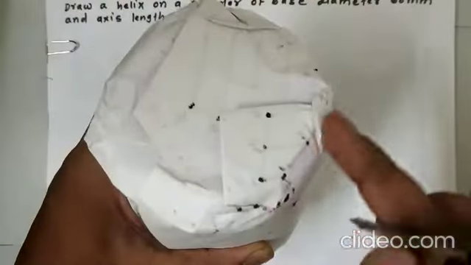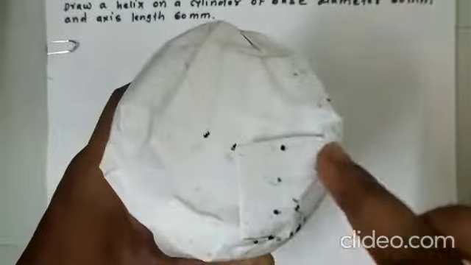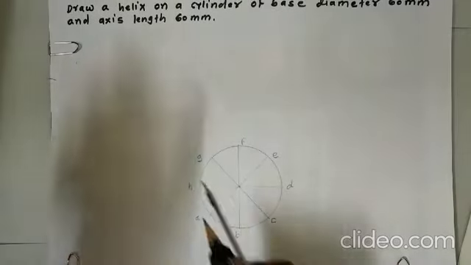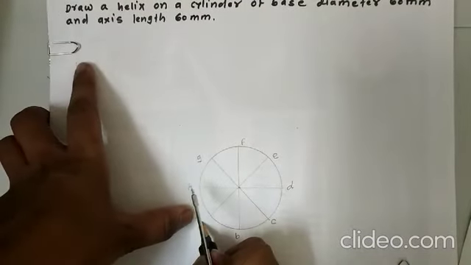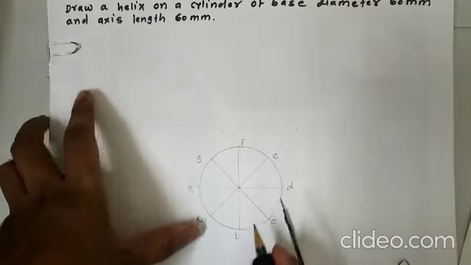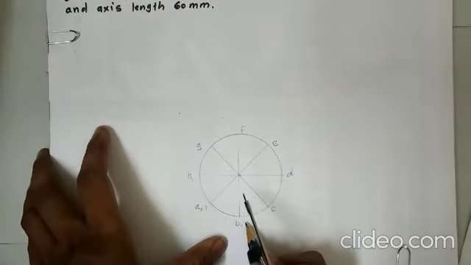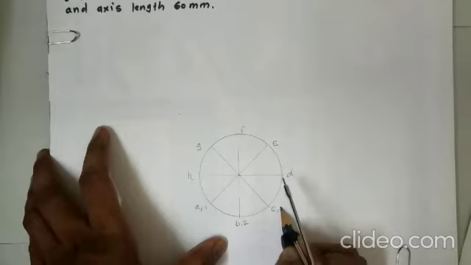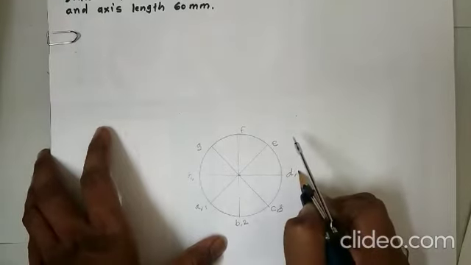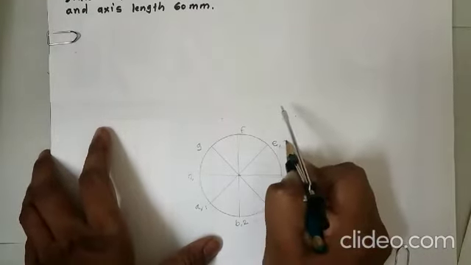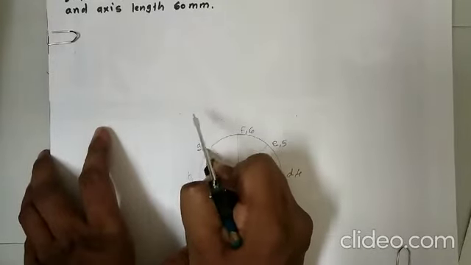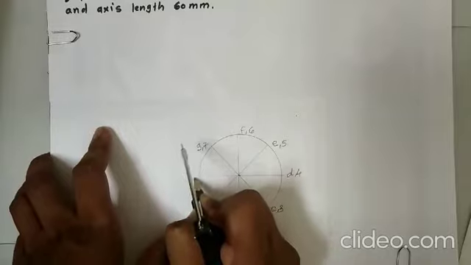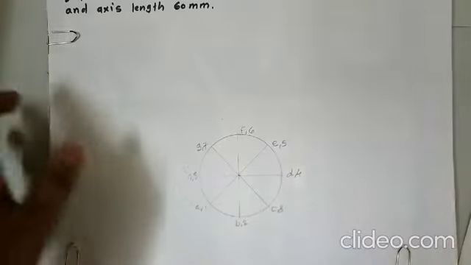Now consider the top face. For the top face we will use 1, 2, 3, 4. We will start from here: 1, 2, 3, 4, 5, 6, 7 and 8.